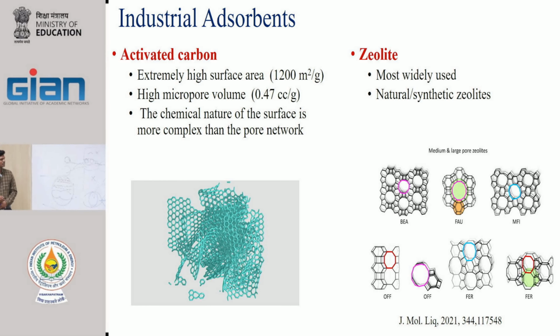And nowadays people are using zeolites. Zeolites are used industrially to separate gases and water, and to separate some pollutants from water as well. These zeolites are of two types: one is naturally available, and one is synthetic. For gas separation we mostly use synthetic zeolites of different sizes and shapes, which are shown here.